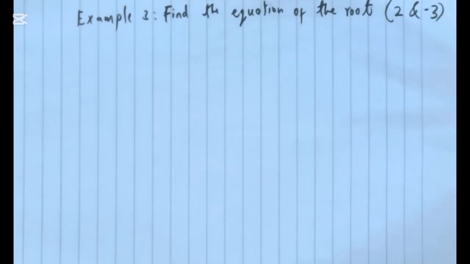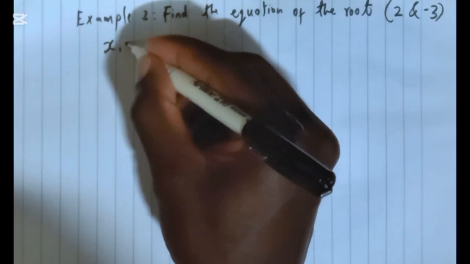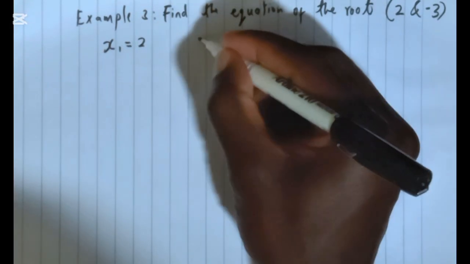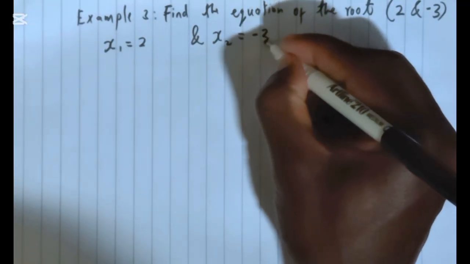So for example 3, we are going to attempt to find the quadratic equation with the following roots, that is 2 and -3. So basically we have that x1 is equal to 2 and x2 is equal to -3.